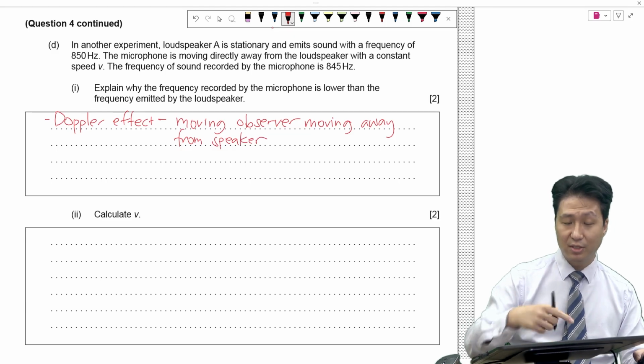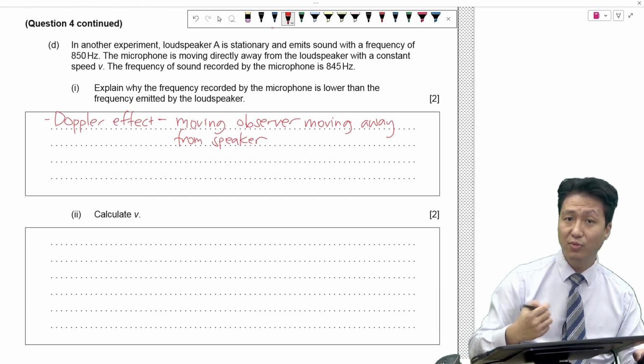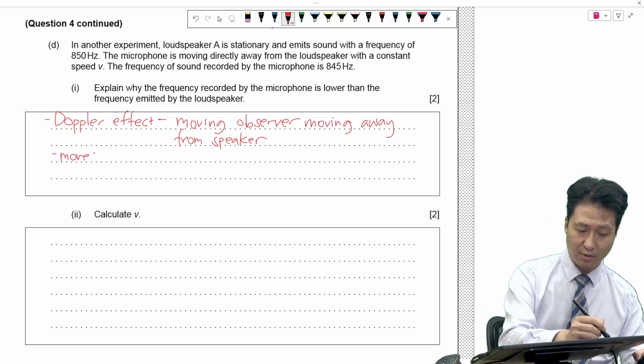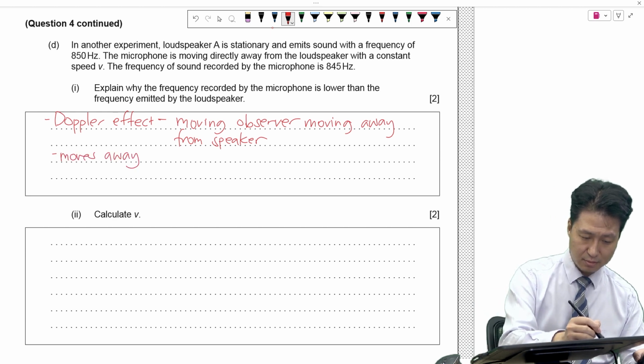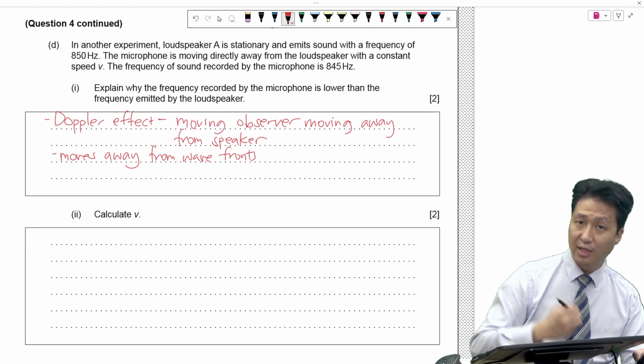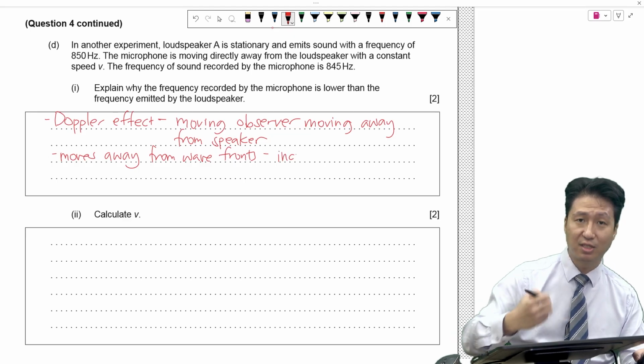Now, the consequence of this is that the observer is also moving away from the wave fronts coming towards it. This causes the time between wave fronts to increase, which increases the period.